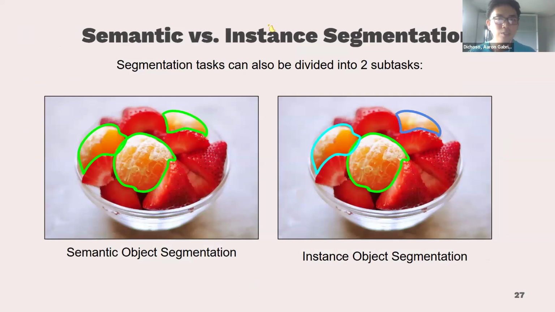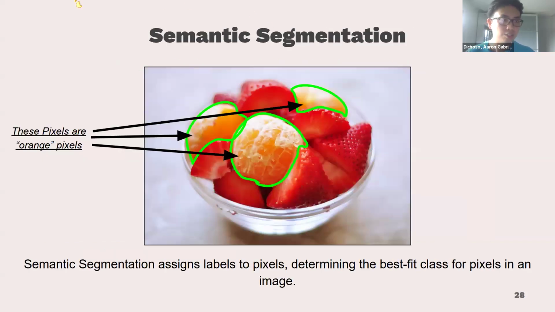So just to further expound what semantic object segmentation is, generally you could divide segmentation tasks into either semantic or instance object segmentation. Semantic segmentation just assigns labels to each pixel, and it determines the best class that fits for that specific pixel or object in an image.